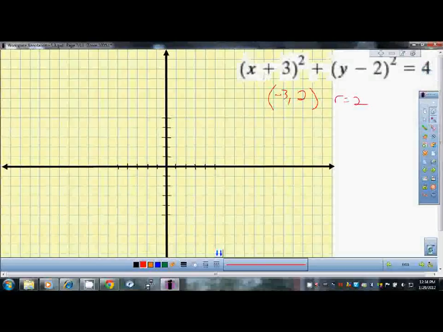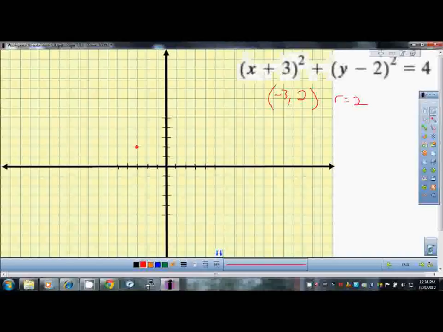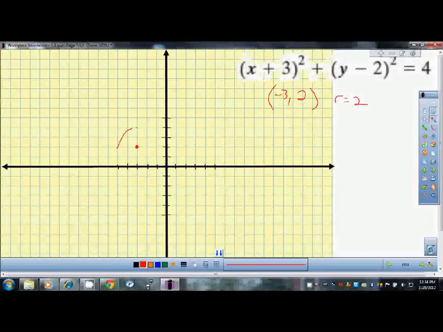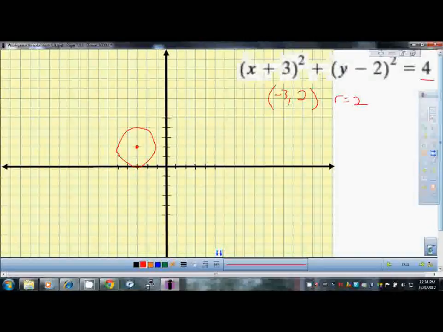So to graph it, negative 3, 2 is my center. 2 in every direction. There you go. The square root of the last number. 0 to 4. And you've graphed it. Yay!